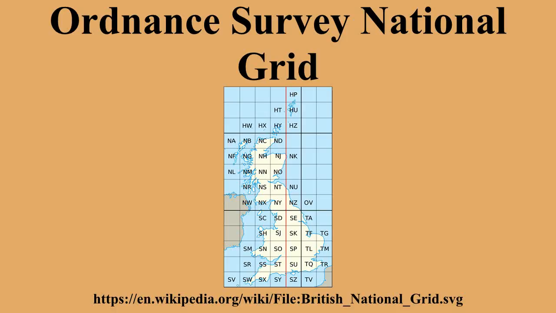For the second letter, each 500 km square is subdivided into 25 squares of size 100 km by 100 km, each with a letter code from A to Z, starting with A in the northwest corner to Z in the southeast corner. These squares are outlined in light gray on the map, with those containing land lettered. The central meridian is shown in red.